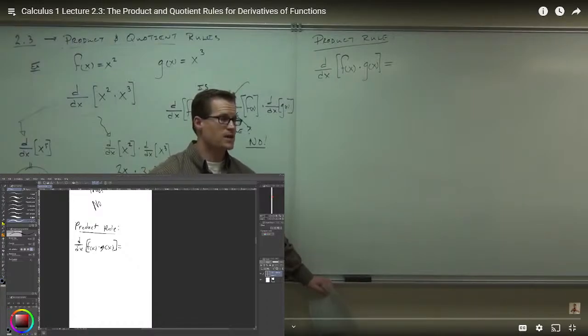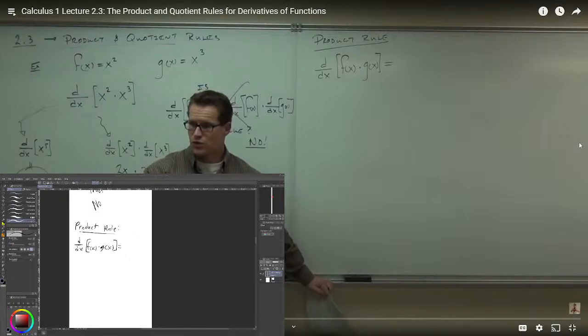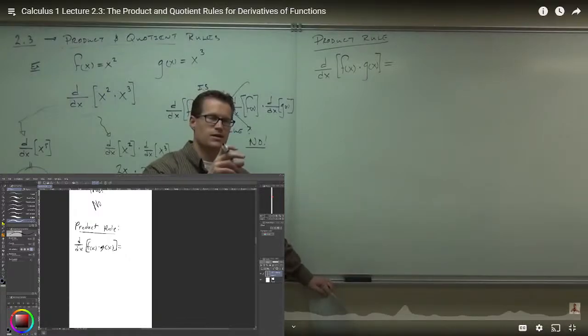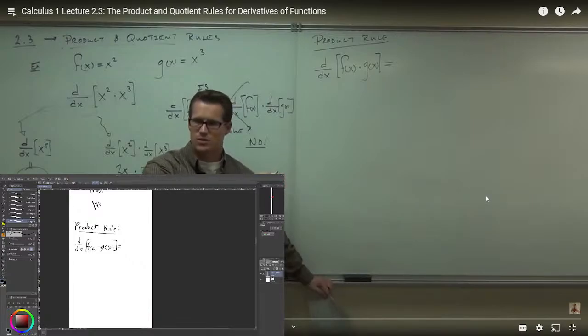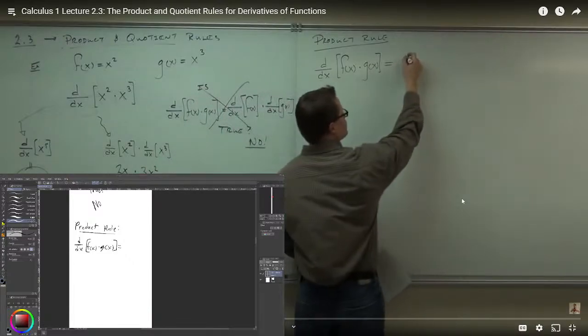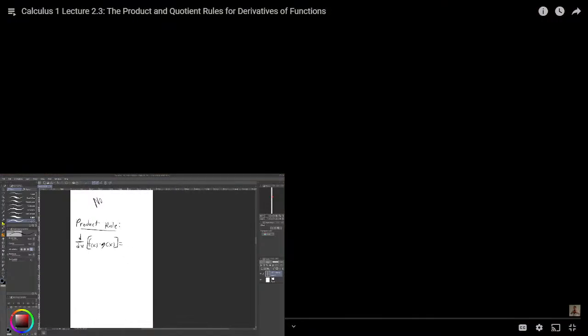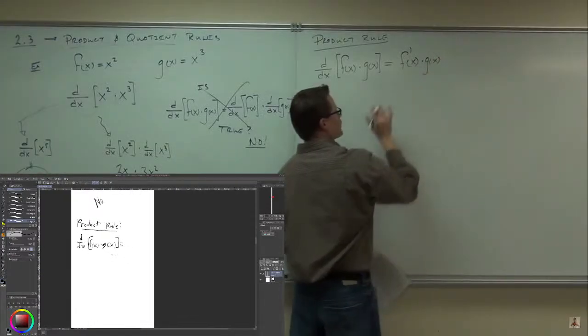So product rule says, here's how we're going to go about taking the derivative of a product. We take the derivative of the first function times the second function, plus the first function times the derivative of the second function. I'll write that out in symbols so you see it. You take the derivative of the first function times the second one.